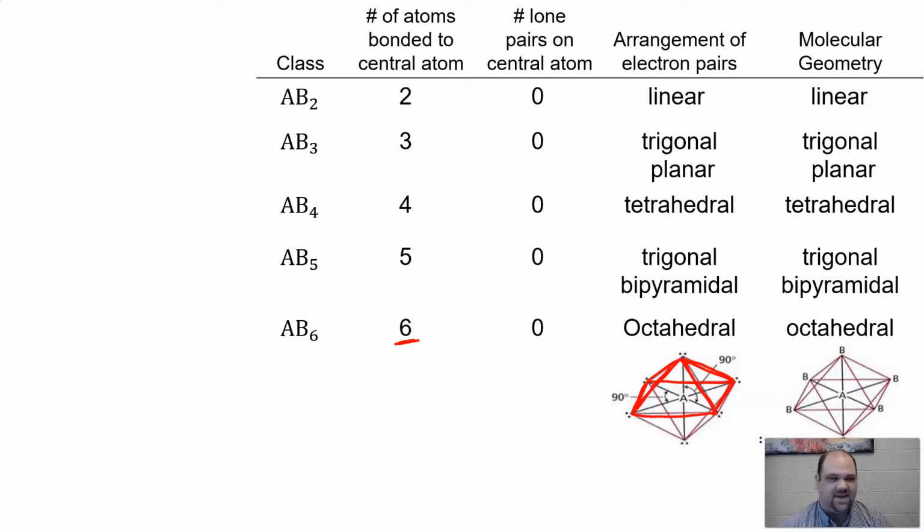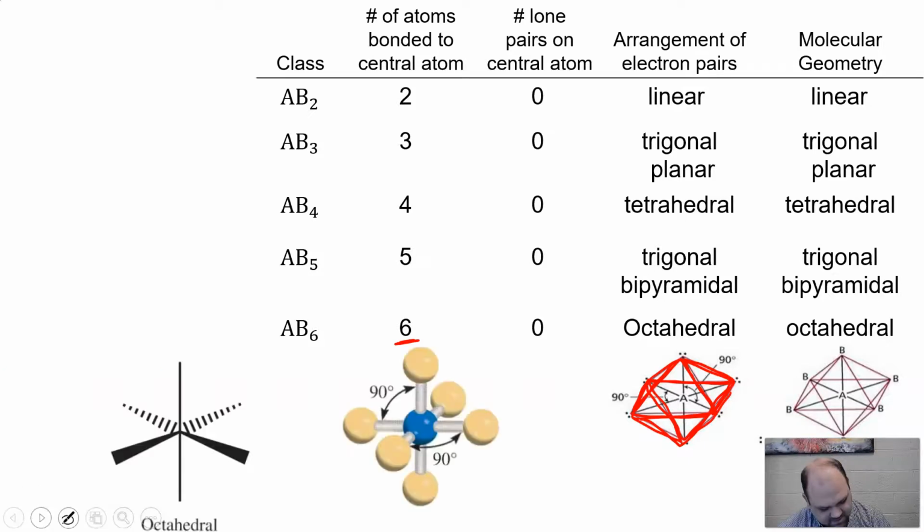You can flip that and there are 4 more on the bottom, right? Here's one on the right, one in the back, one on the left, and one in front. So 8 faces, octahedral. All of those bond angles are 90 degrees.